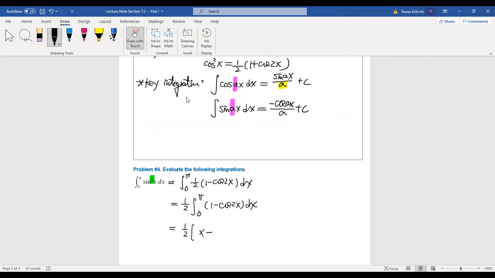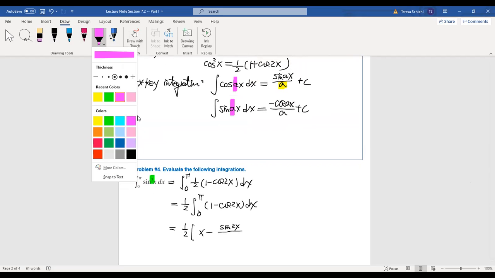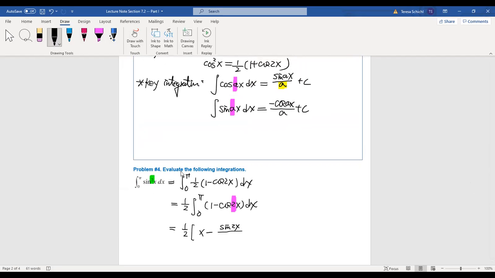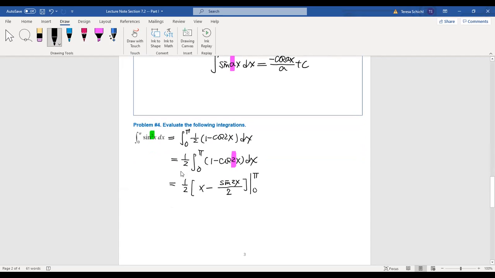So what is this integration? This is cosine 2x, and cosine integrates to sine, so sine 2x. Because I have a 2 here, I need to divide by 2, am I right? Then you put in the upper bound and the lower bound. I assume everybody knows how to do that.